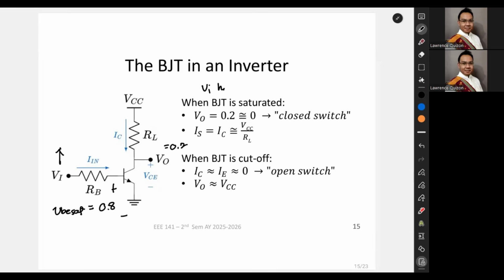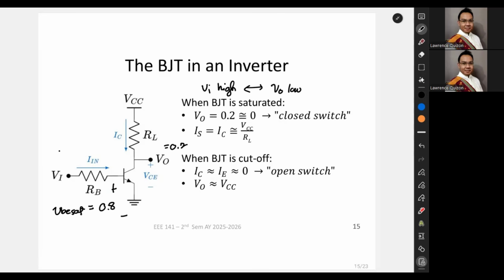So when V in is high, the BJT gets saturated and V out is nearly zero. This corresponds to the BJT switch being closed, which means this is an inverter. V in high turns out to be V out low.